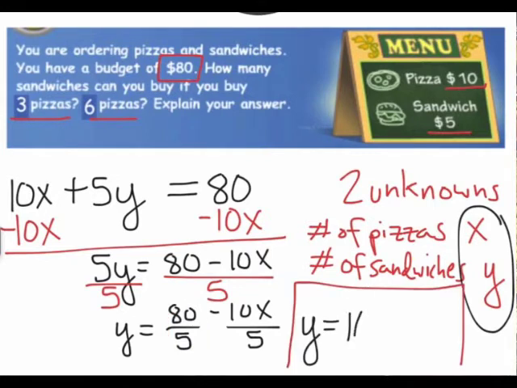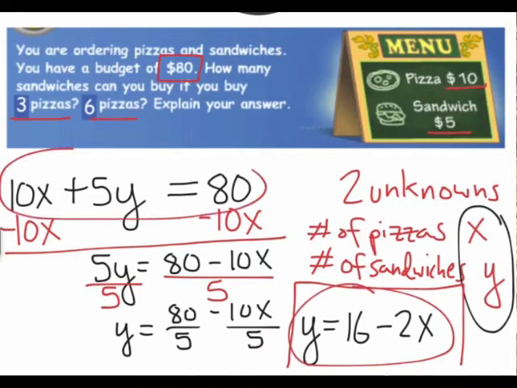That simply reduces down to 16. And then over here, we have 10 divided by 5. That's just 2. So we're going to have a minus 2 times the x. So this equation in the box is the same exact equation we started with, except it is rewritten so that it highlights y.